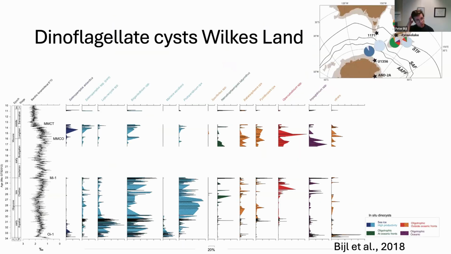When we look at the dinoflagellate cysts there, we see indeed that at the Eocene-Oligocene transition, we see this blob of sea ice associated dinoflagellate cysts that occur today really close to the sea ice edge, but that disappears in the rest of the Oligocene and only returns at the mid-Miocene climatic transition.